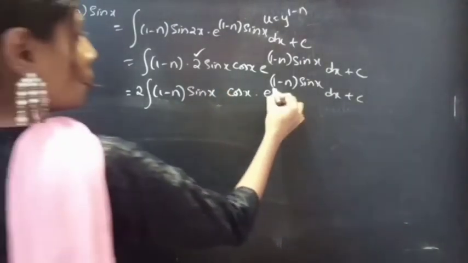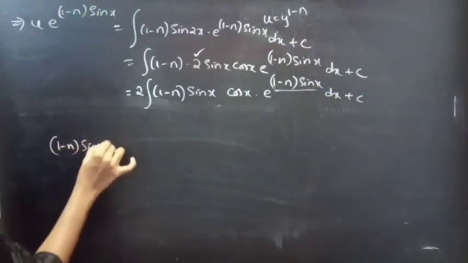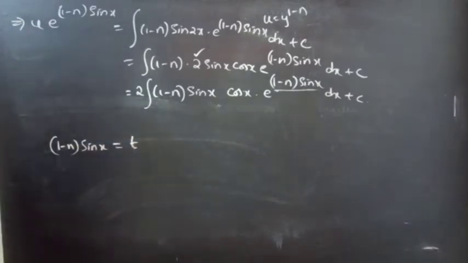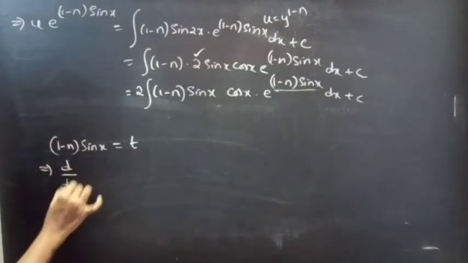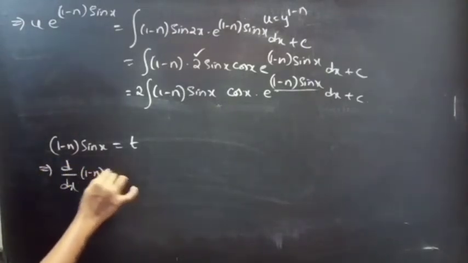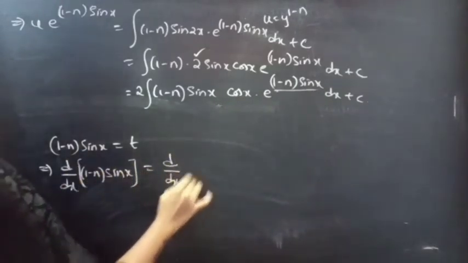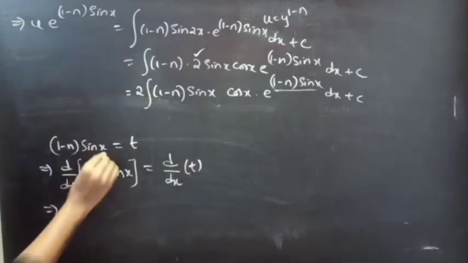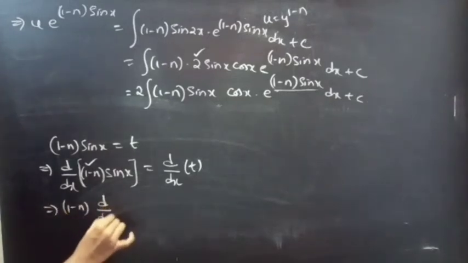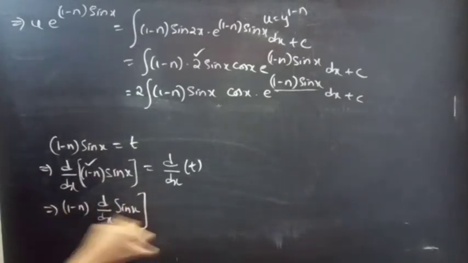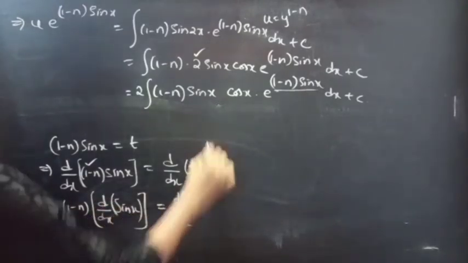Let (1 − n) sin x equal some t. Now differentiate on both sides with respect to x. Here 1 − n is constant, so we can write this as constant times the derivative of sin x with respect to x equals dt/dx.